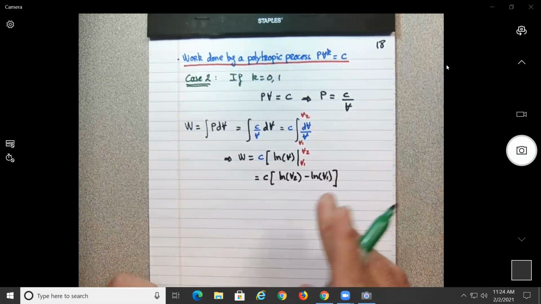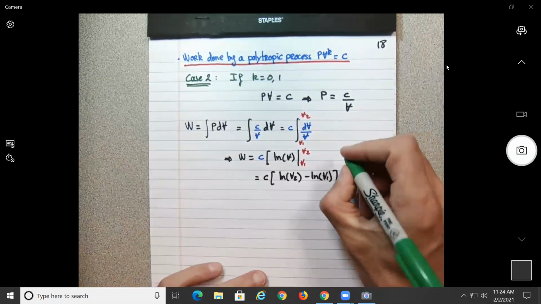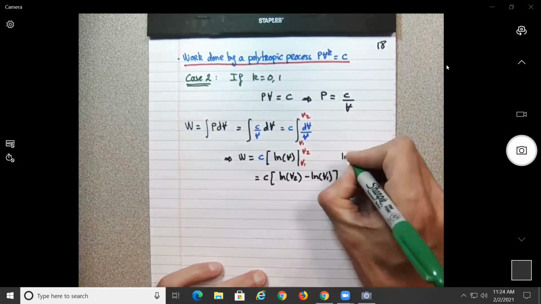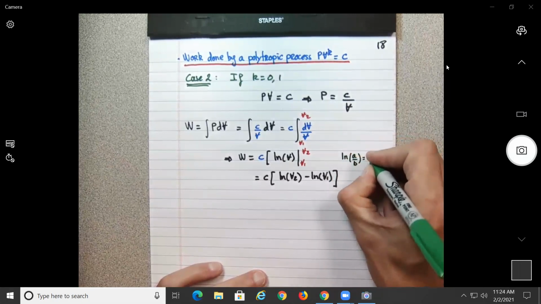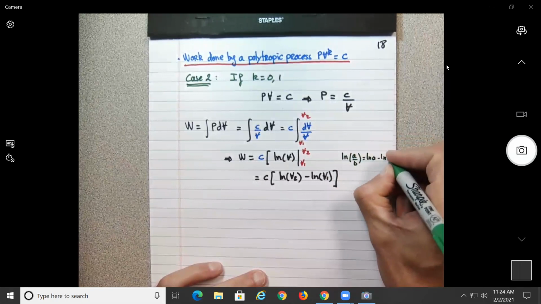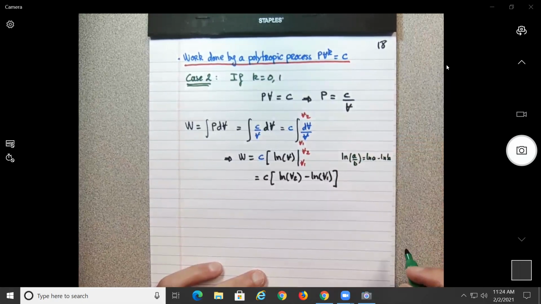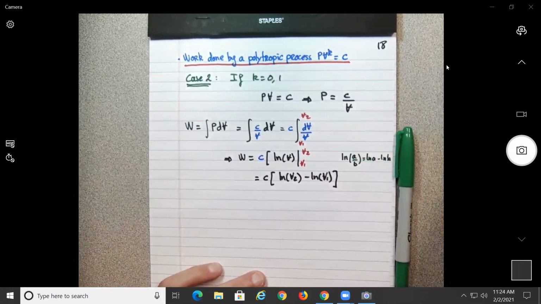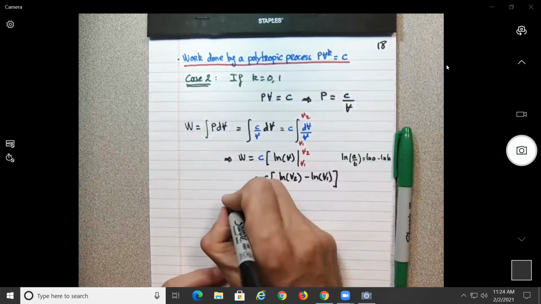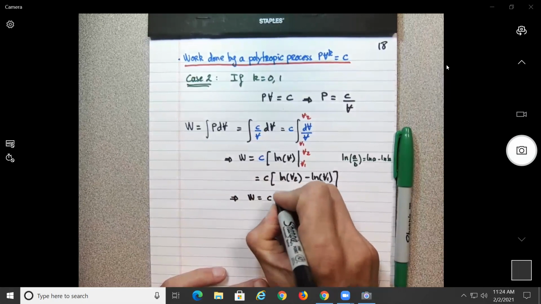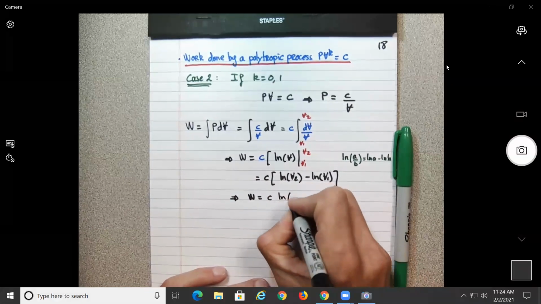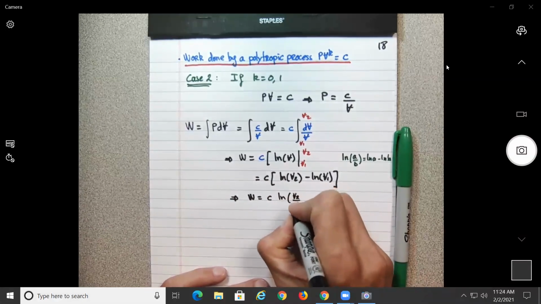So, I mean, you could leave it this way, but if you remember the expression log of A over B is equal to what? Log of A minus log of B, no? Okay, so you could write this as work equal to C log of V2 over V1.